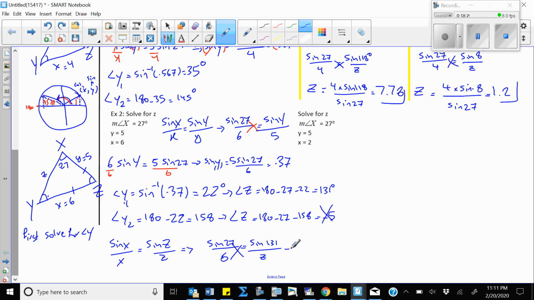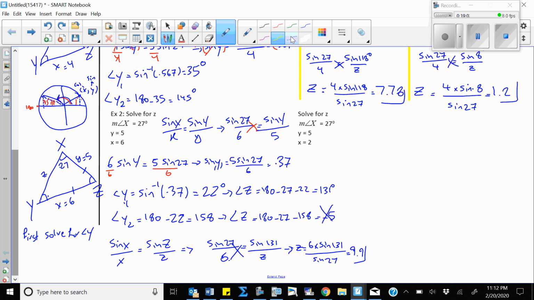Then you cross multiply, and from here z will be equal to 6 times sine of 131 over sine of 27. And this is equal to 9.9. So that's how we find side z from this law of sine.